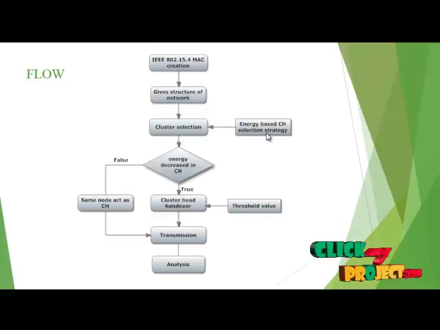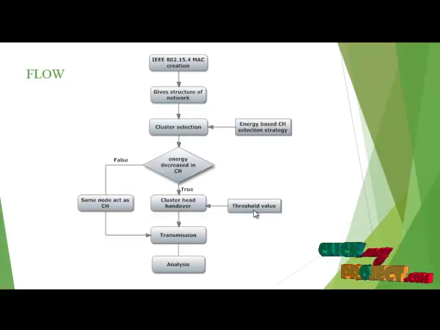Then, if the energy of the cluster head decreases, a new cluster head is selected and the data transmission is done. If the energy is decreased, cluster head handover is processed. That is, the old cluster head is replaced and a new cluster head is formed based upon the threshold value.